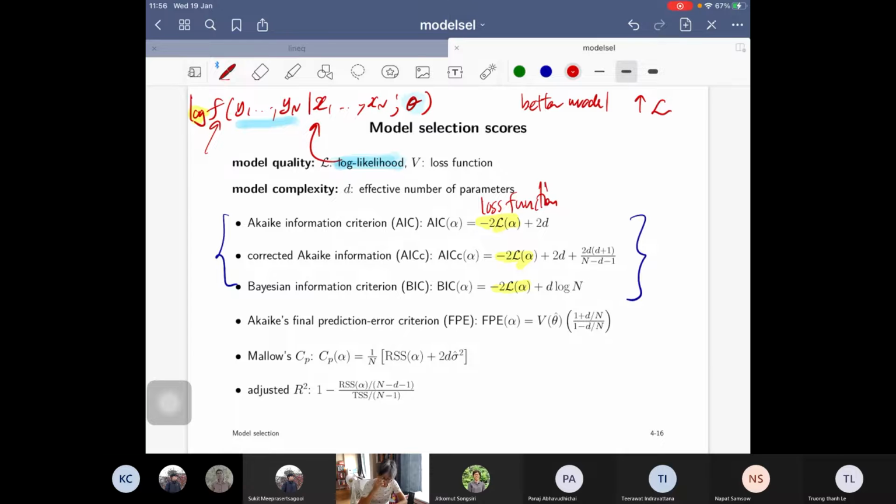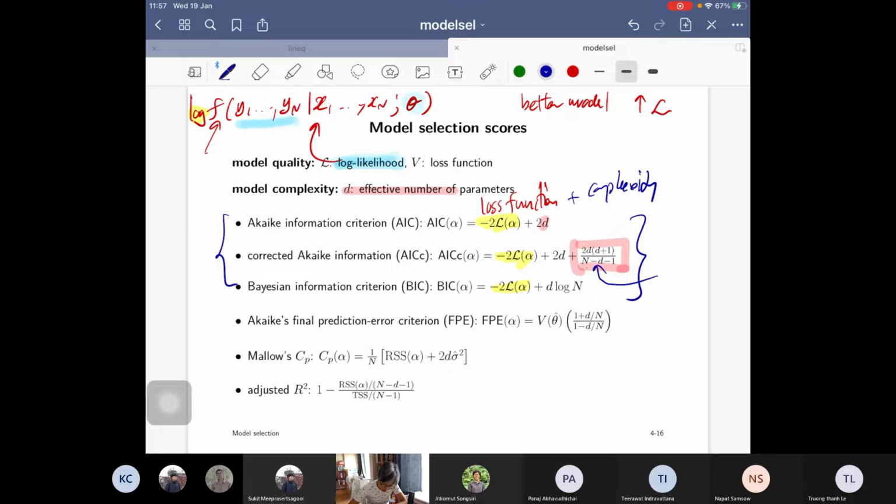Okay. All right. And the other term that represents model complexity, we use the parameter D in this slide. D is the effective number of parameters. So AIC uses 2D, and the corrected AICc has this extra term. Okay, this extra term also compensates.